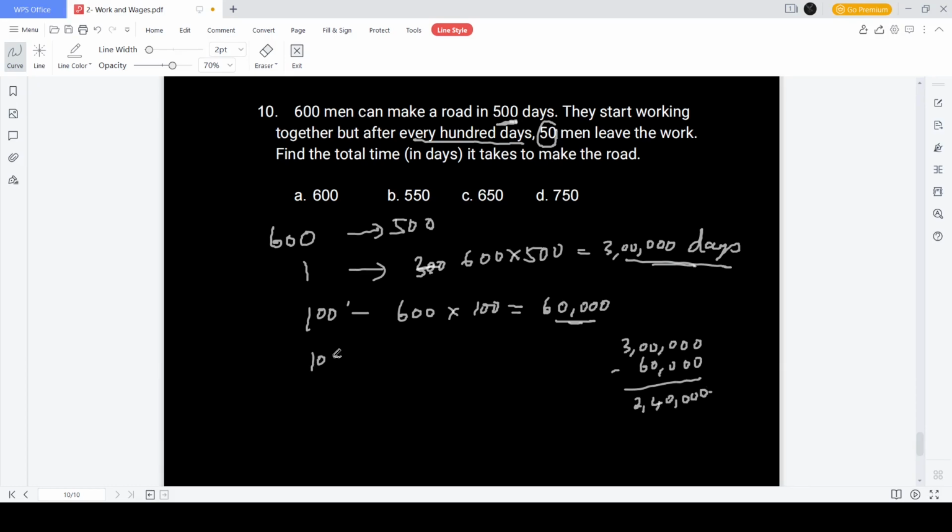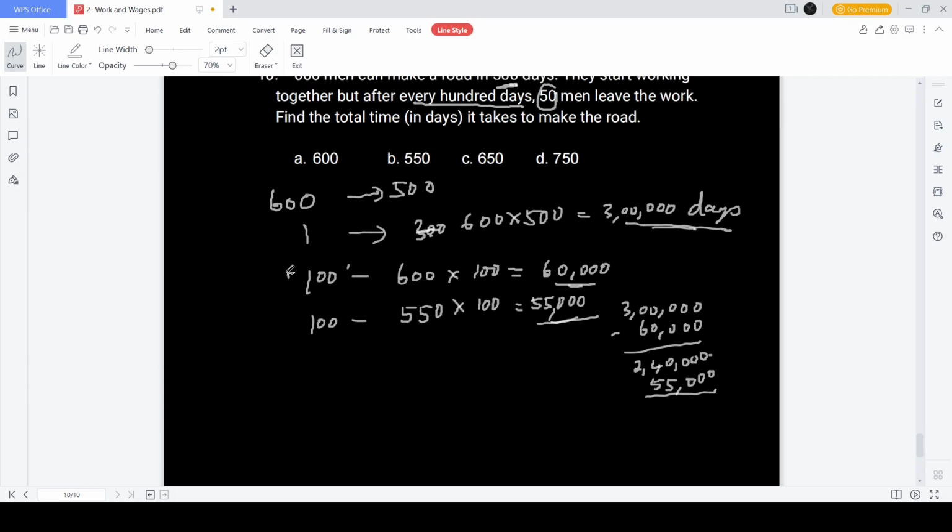Okay, in the next 100 days, there are only 550 people because 50 people leave, and they do 550 into 100 units of work, that is 55,000 units of work. So we subtract 55,000 again. By now we are in 200 days. So this becomes 1,85,000 units of work remaining.